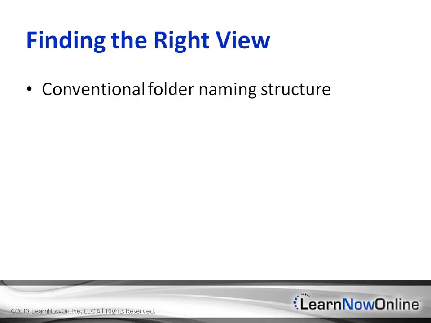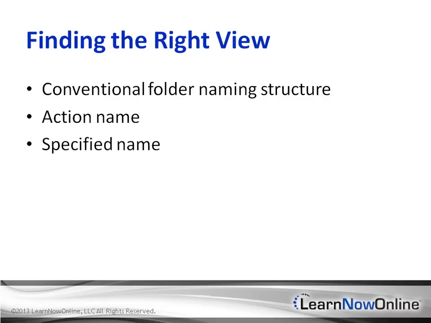If you're following this conventional folder naming structure, then most actions can find the views simply by using the action name. By default, if I have an action called About, then when it returns a view, it's going to look in the subfolder for that controller underneath the Views folder, and it's going to look for a view called about.cshtml.